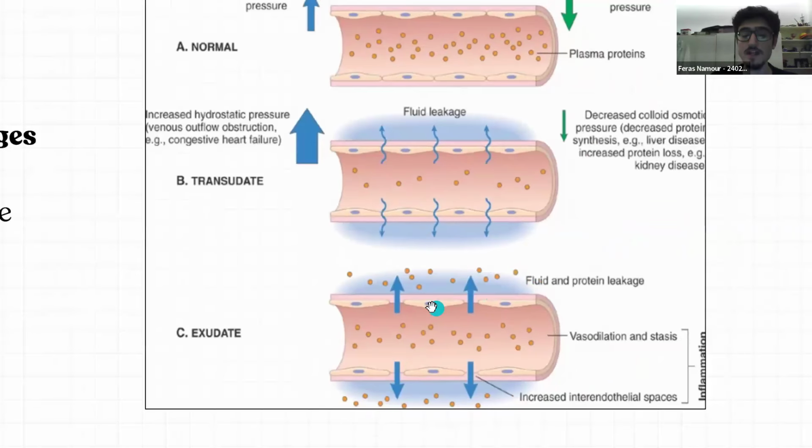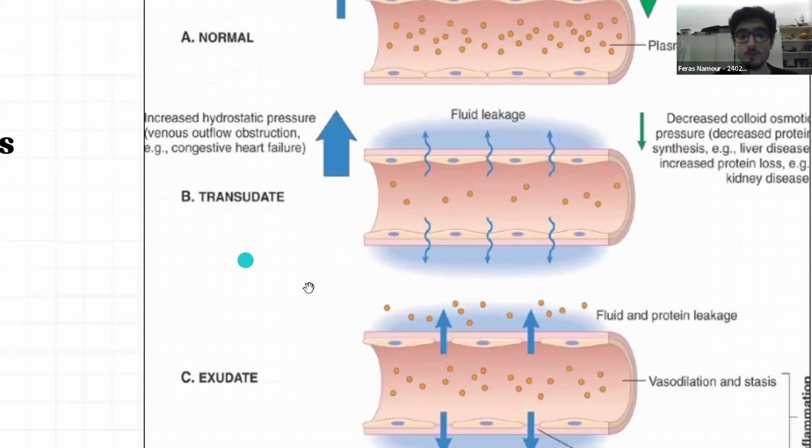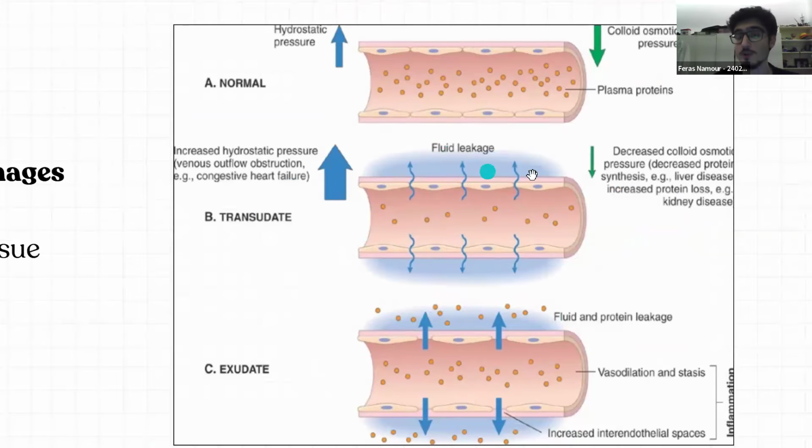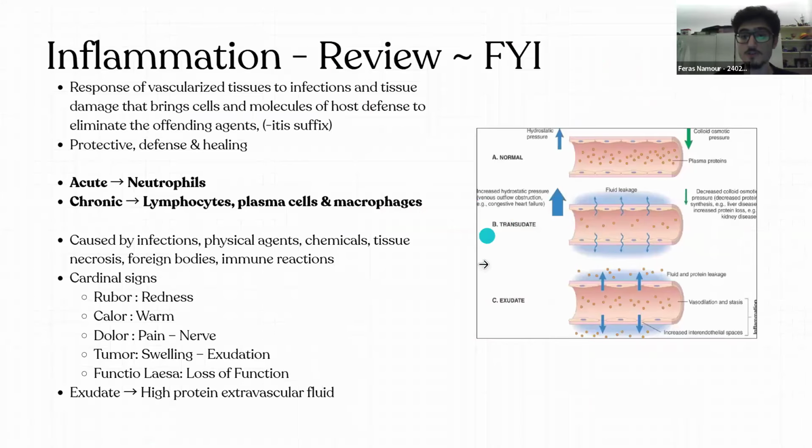Because you're going to have increased vascular permeability, widening the spaces between the endothelial cells, allowing fluid and protein to leave. So this is what we call exudate in comparison to transudate, which is only fluid. Transudate is low protein. Exudate is high protein. It's very synonymous with inflammation.